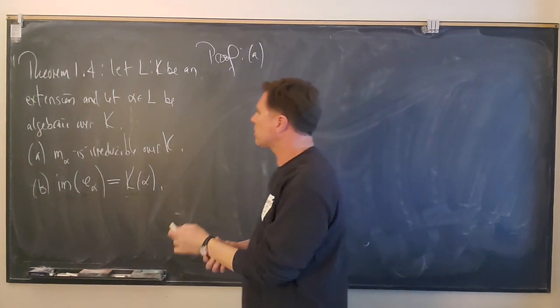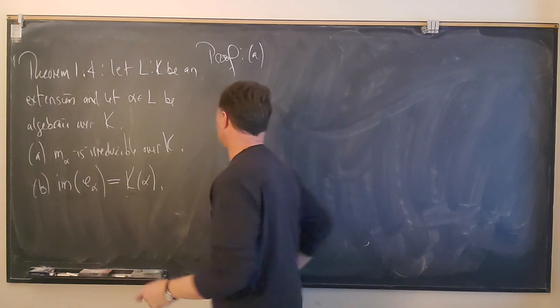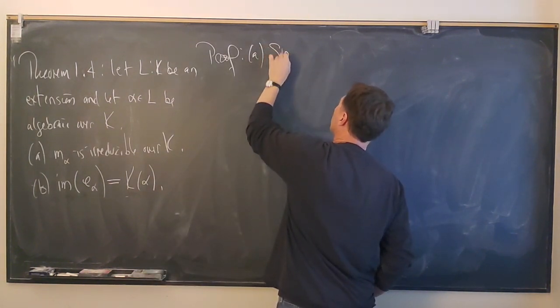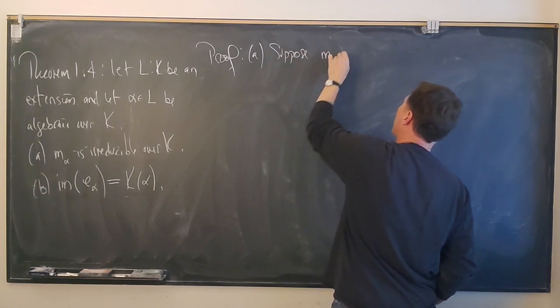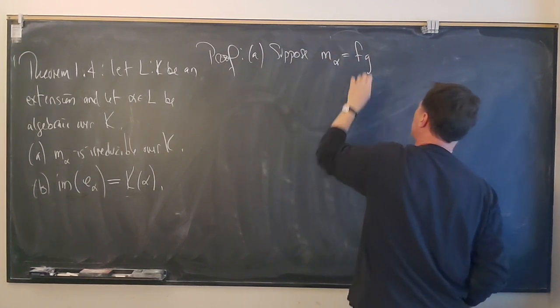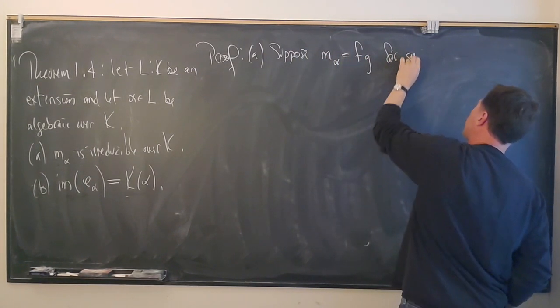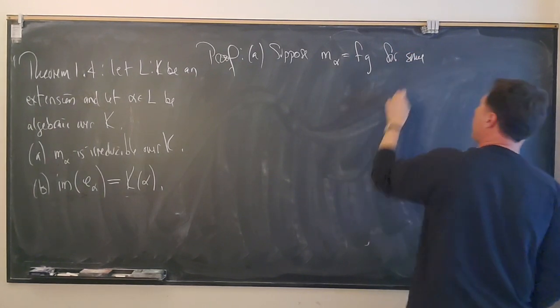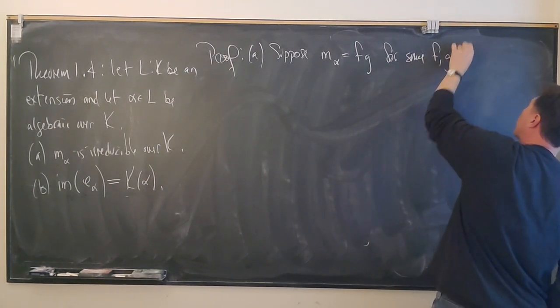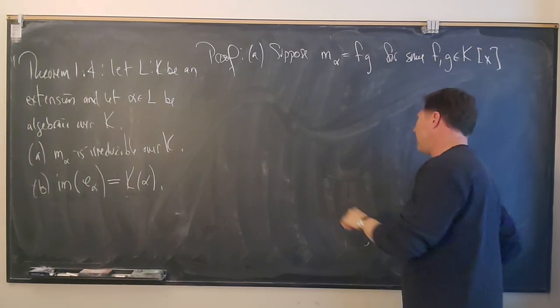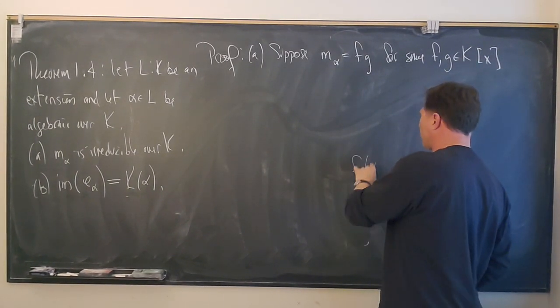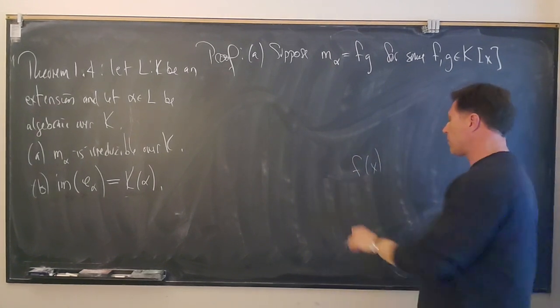Let's suppose, right, that m sub alpha factors. So suppose m sub alpha is equal to f times g for some f and g in K bracket x. One thing to notice, there's f of x and then there's f.